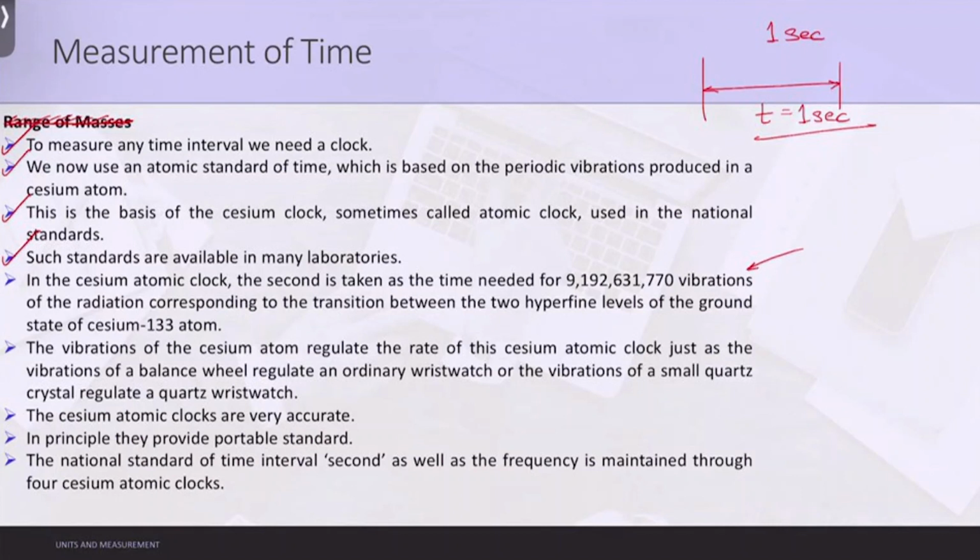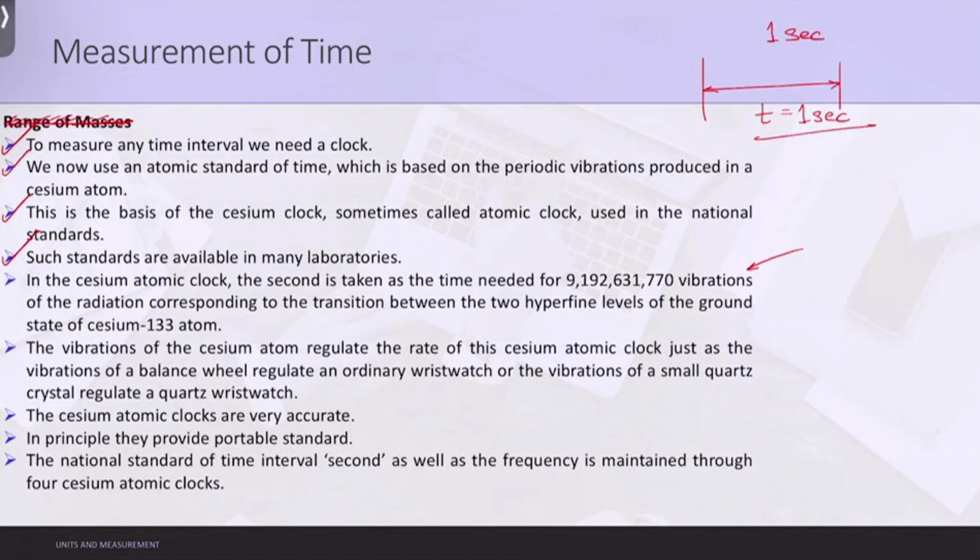In the cesium atomic clock, a second is taken as the time needed for 9,192,631,770 vibrations of the radiation corresponding to the transition between the two hyperfine levels of the ground state of the cesium-133 atom.